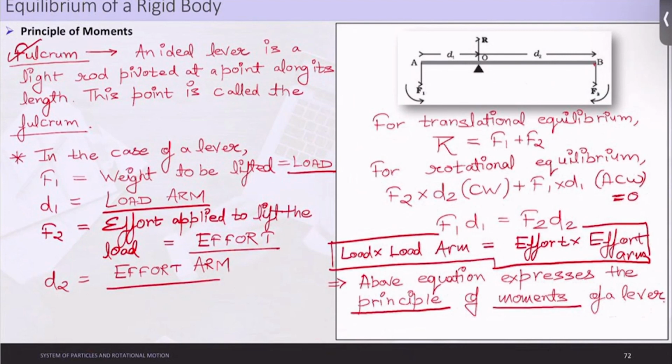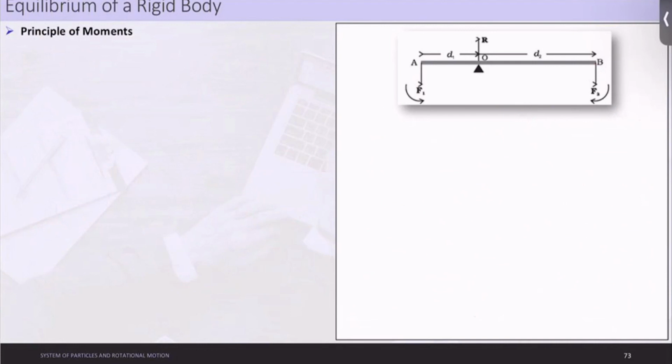So finally what we got in the last discussion was that the above equation expresses the principle of moments of a lever. Let me change this equation a little bit. The equation is F1 D1 is equal to F2 D2, right?